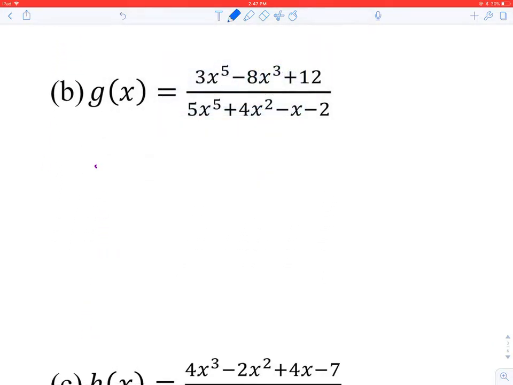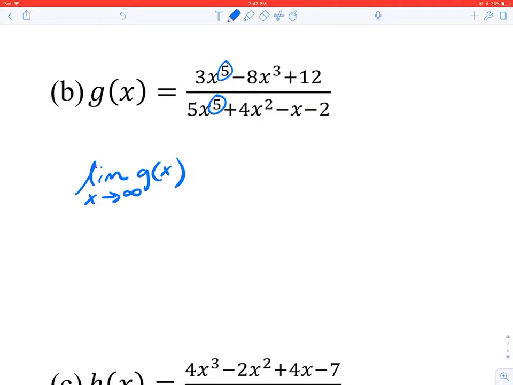Okay, then for g of x, notice the degree of the numerator is 5 and the degree of the denominator is 5. So they're the same. Now, as x gets very large, so let's think about taking the limit of g of x as x approaches infinity.